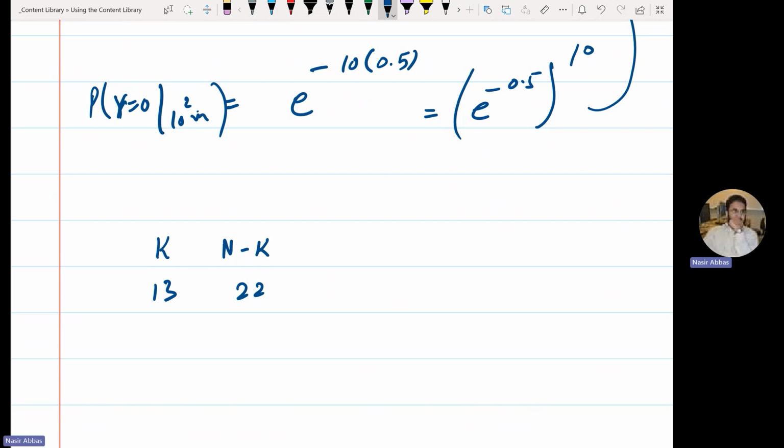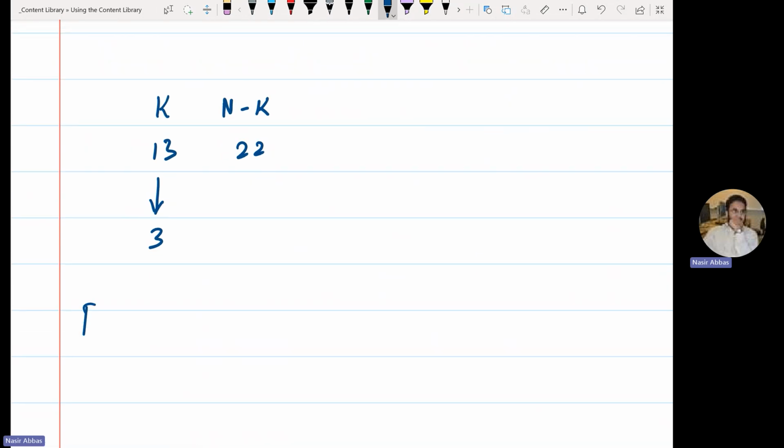And from each section, I will pick, let us say, 3 students. What is the probability that I will select 5 such sections?